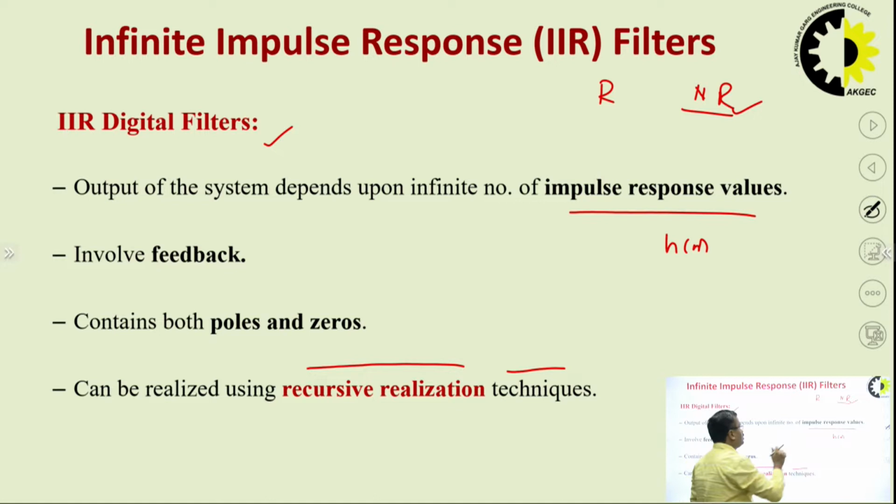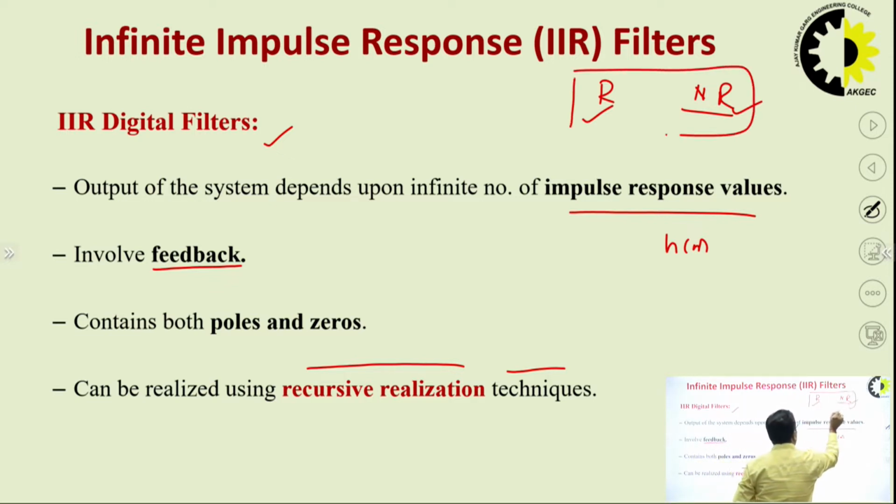But recursive means whenever your output depends upon the present value of input, past value of input and past value of output, like a flip-flop. That's why we say it involves feedback. So, that difference you should know between recursive and non-recursive, because it will be helpful whenever you realize the IIR digital filter.